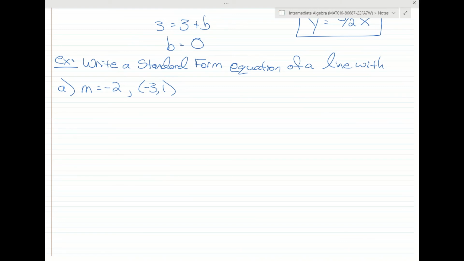We'll do the same thing we did before. y is equal to mx plus b. Plug in for y, plug in for m, plug in for x, and solve for b.